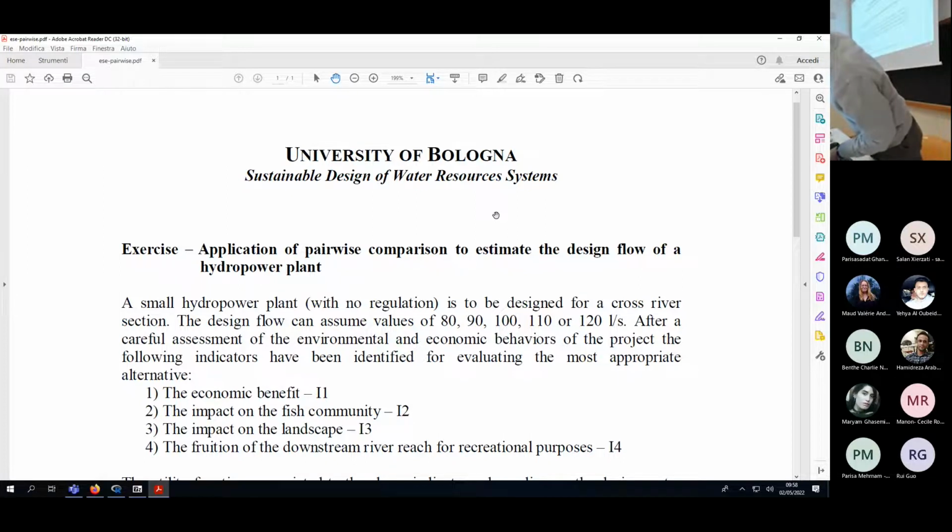So basically, you have a fixed number of options, and your decision is to select the best one.